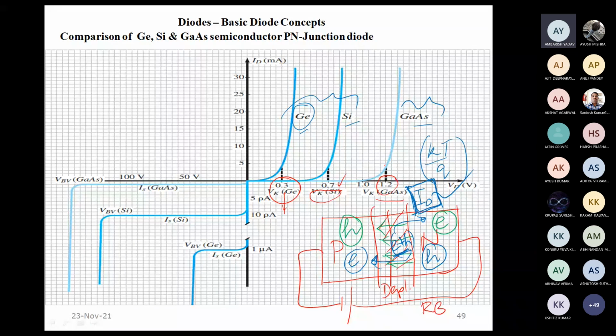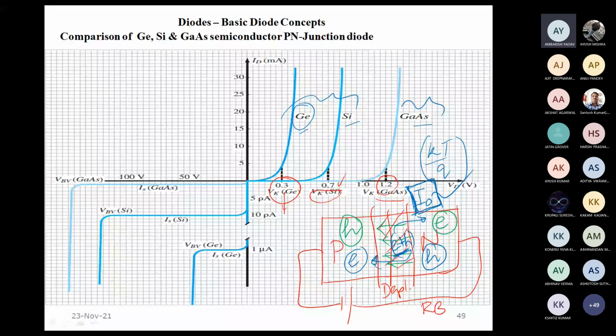We can see that each of these diodes gives a similar characteristic. The only difference is that the knee voltage or potential barrier is different for these.